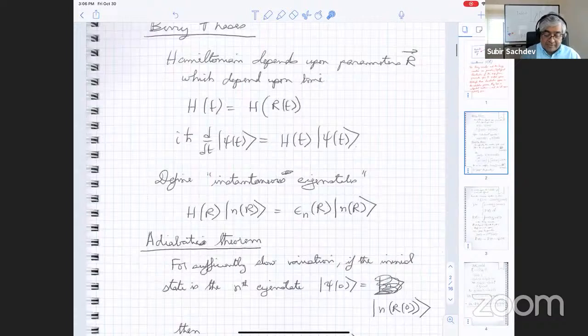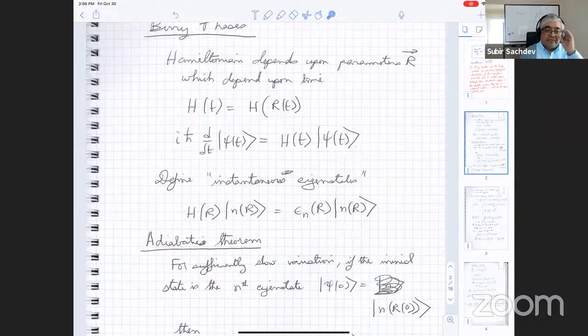So you have this parameter space R, and let's imagine the parameters R vary slowly with time. Now instead of thinking of a Hamiltonian as a function of the parameters, it's a function of time. H is a function of R, which is then a function of time. R is a vector, it's not a scalar. So this is your Schrodinger equation that you want to solve.